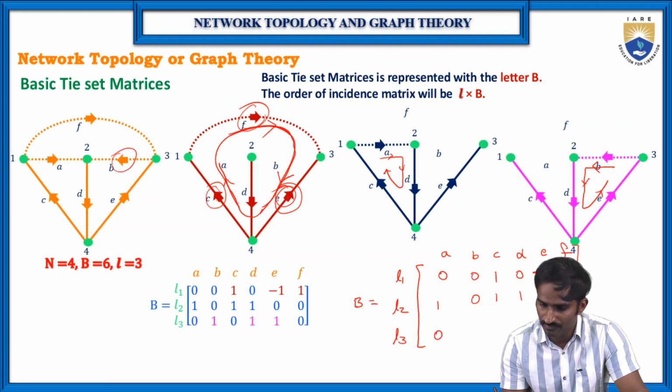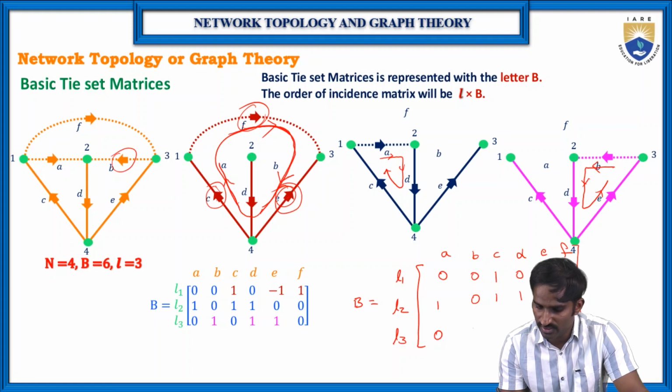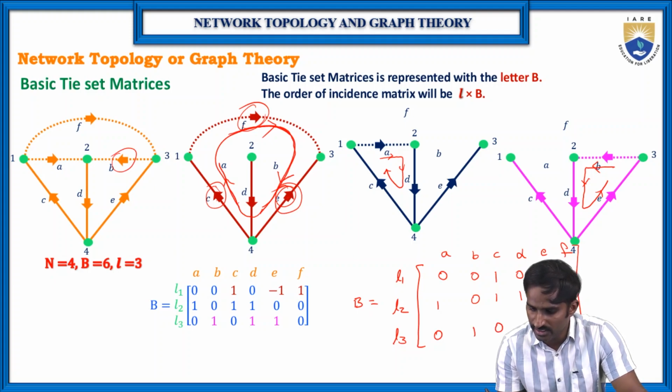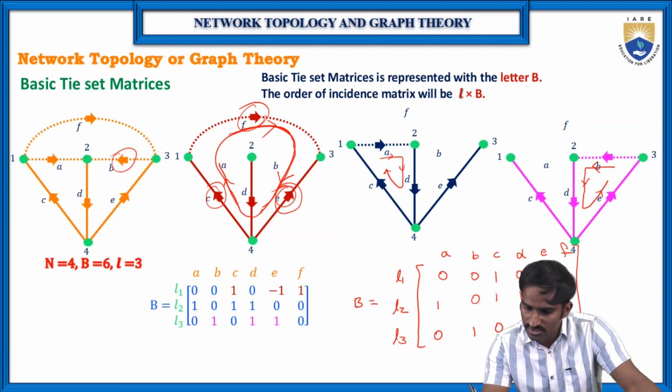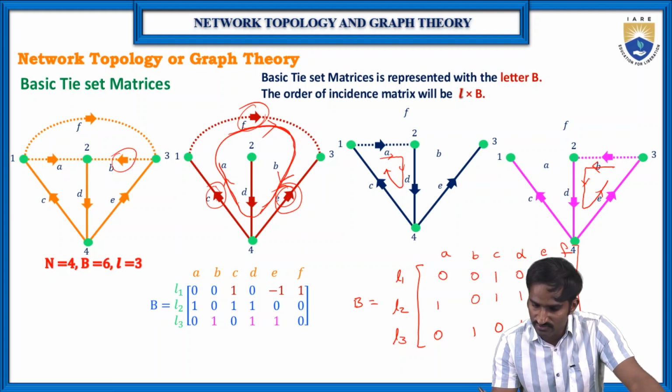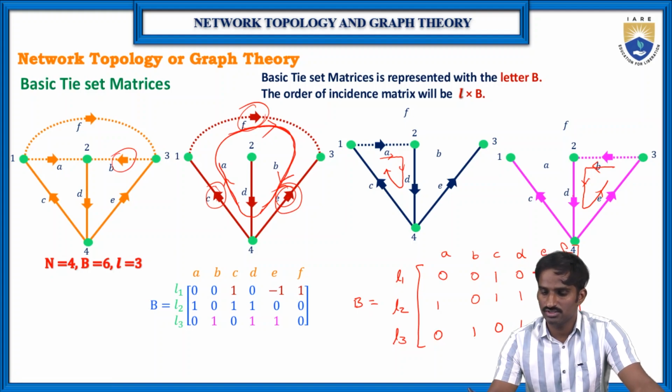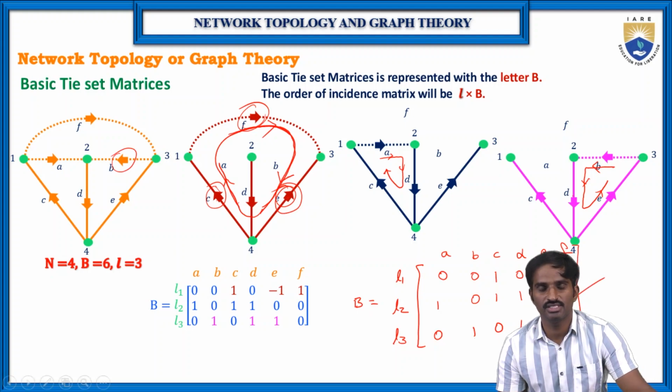So A is 0, B, of course, 1, C is 0, D is 1, E is also 1, and F is 0. Then for the direction, B and the loop direction are the same, so +1, D and the loop direction are the same, so +1, and E and the loop direction are the same, so +1. So this is how we write the basic tie-set matrix, right?